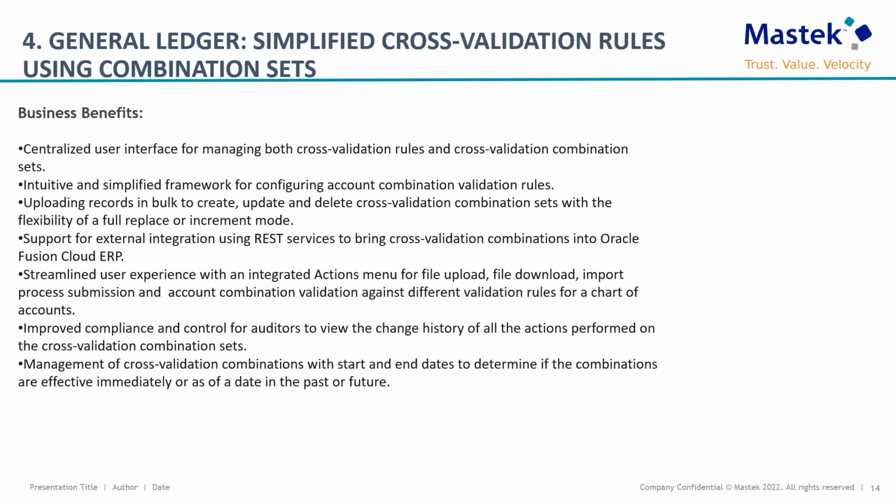Also, among the scheduled processes, there will be a Manage Cross Validation Combination job, which can take the already created accounting combinations and validate them against the current rules and current combination sets, and give you a report of whether the already created accounting combinations are valid or not as per the current rules. Based on that report, you can take appropriate actions on them, which can be either to end-date them or disable them as per your business requirement.